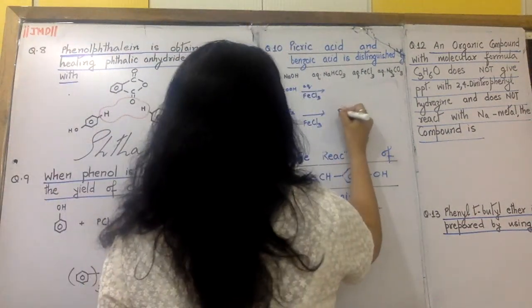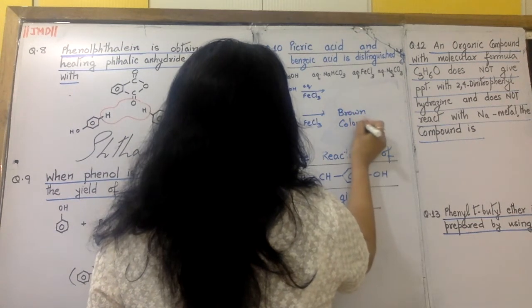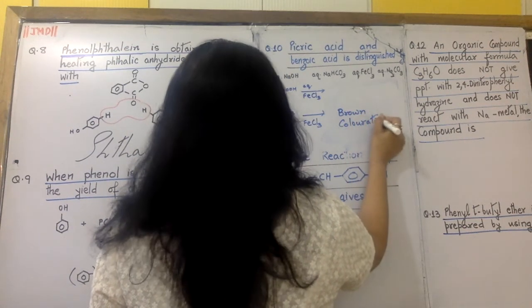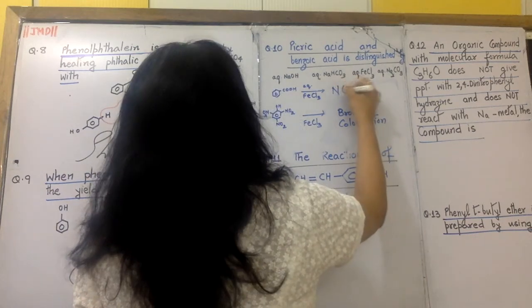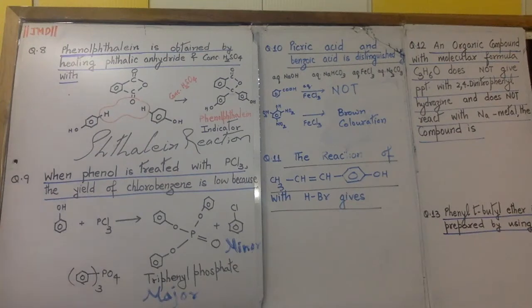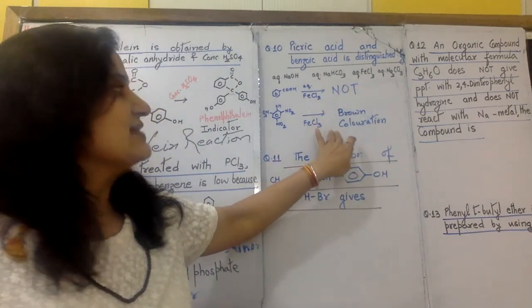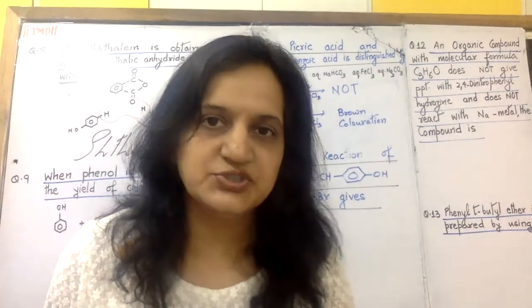So here I'll get brown coloration, but this will not give that color. Benzoic acid does not give such a reaction, but picric acid gives brown coloration.